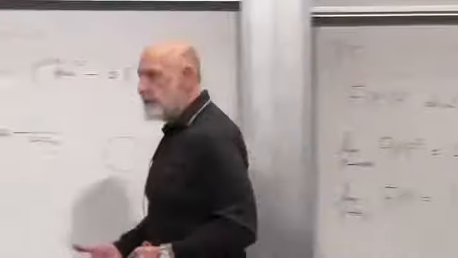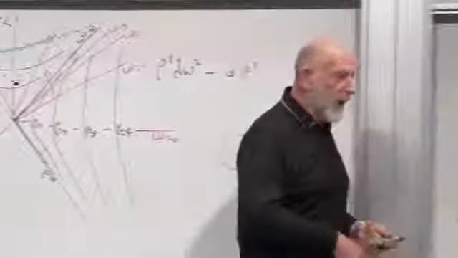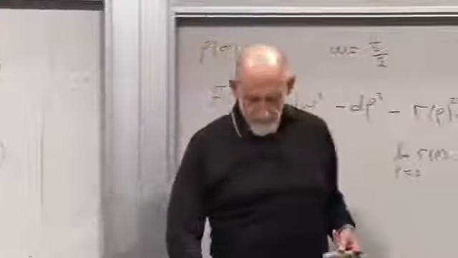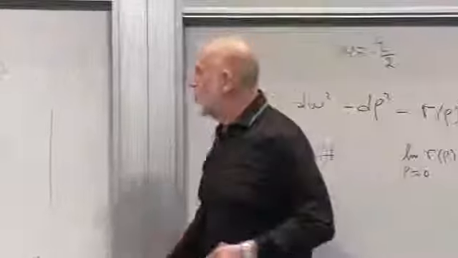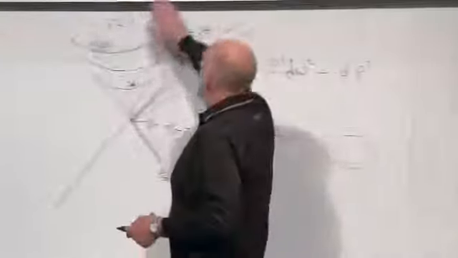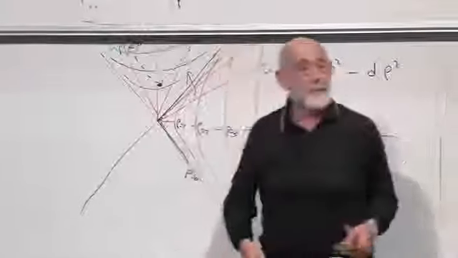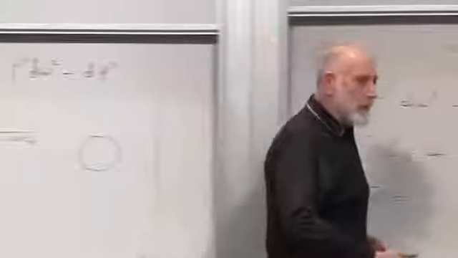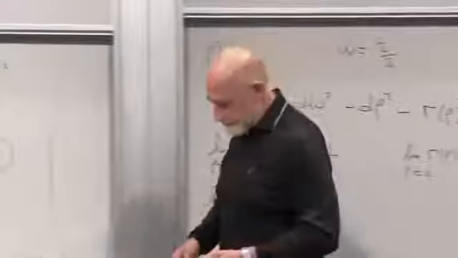As far as he could tell, and Einstein and all the people who studied these things for a while, the r equals 1 was a nasty singular place. They looked at this function and they said, oh dear, this is divergent at r equals 1. Something bad is happening there. And so the conclusion was that the horizon was a bad place.